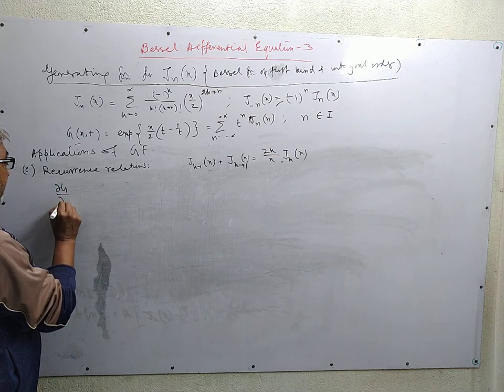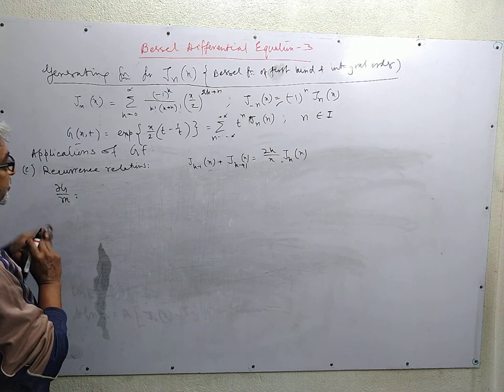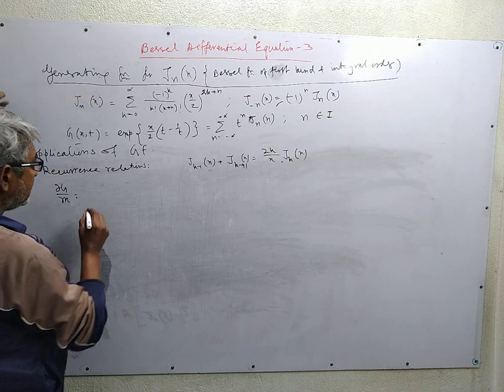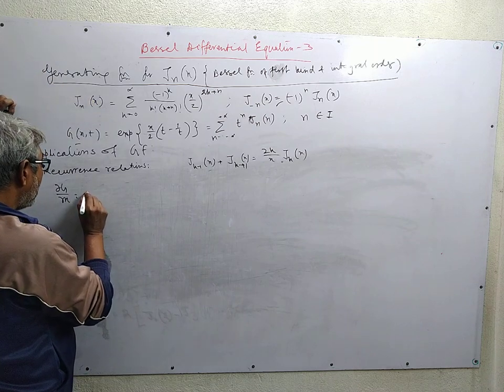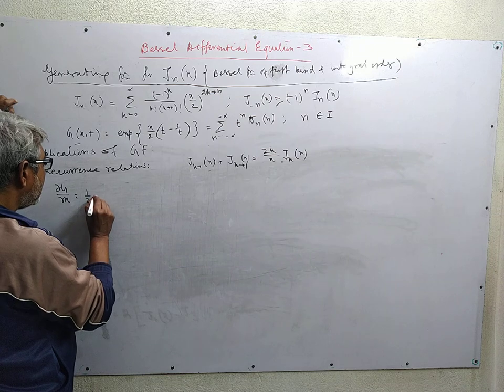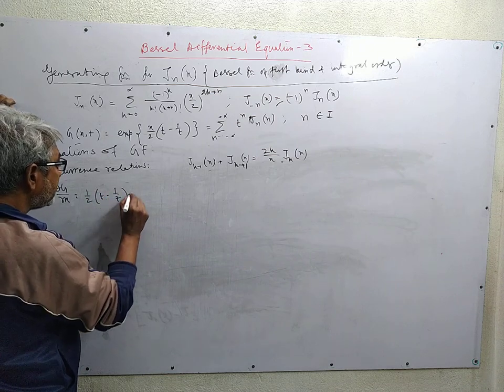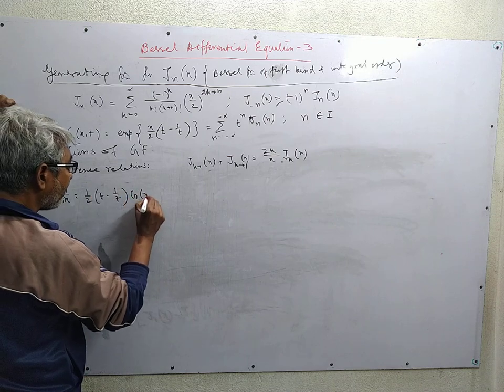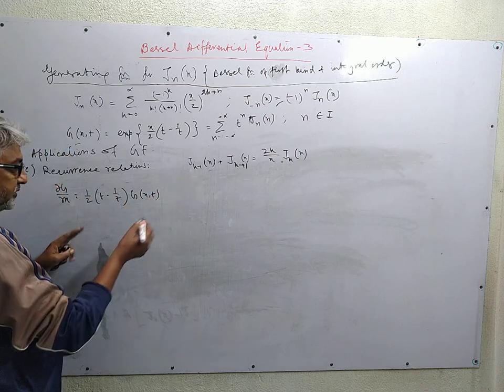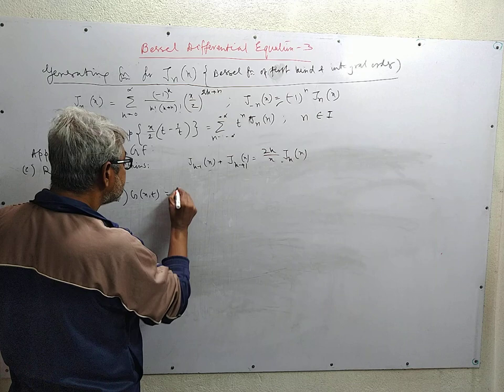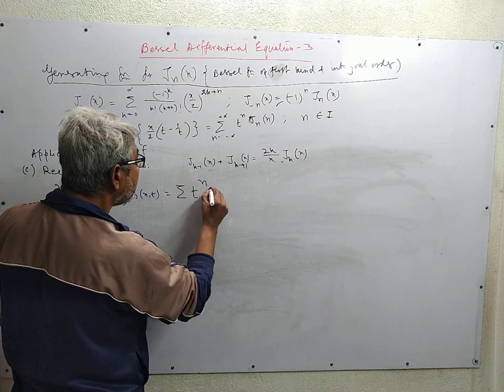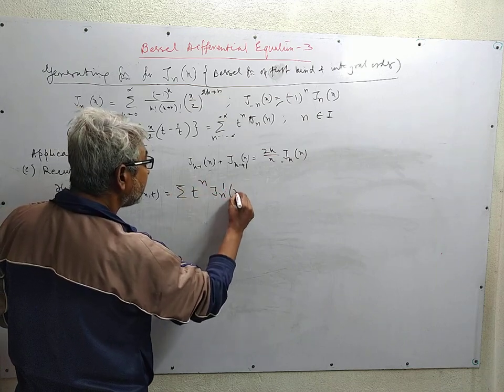So del g del x is equal to 1 upon 2 t minus 1 upon t g of x, t, and on the right hand side we have summation over n of t to the power n jn prime of x.